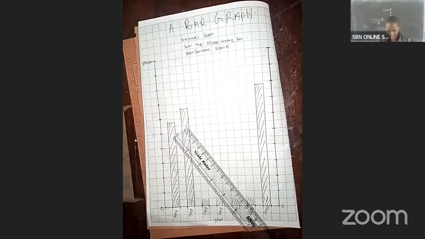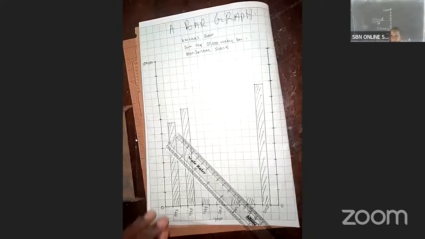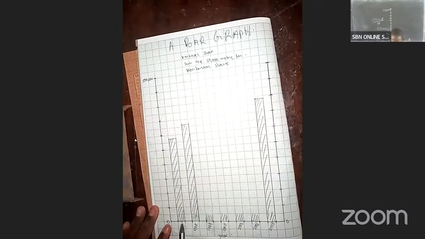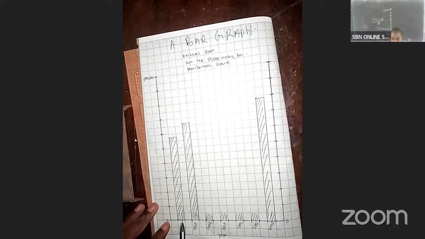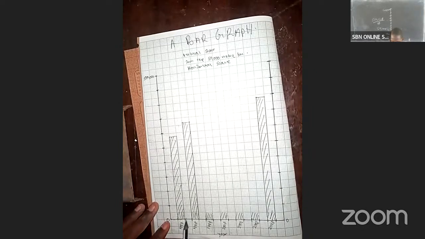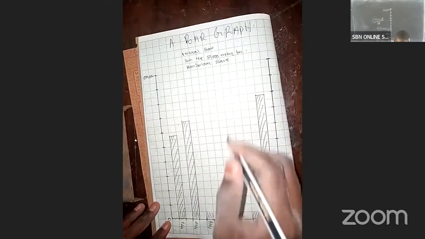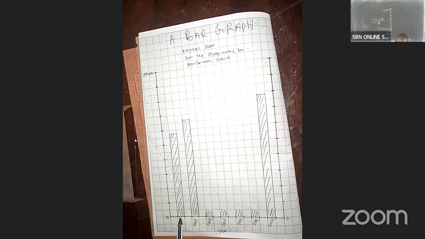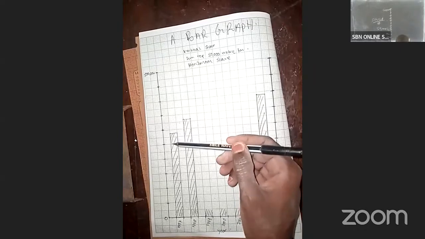I'm sorry for that. I had some interruption. We said, what's the value of this one? 1 centimeter. You see the information is in 1 centimeter.